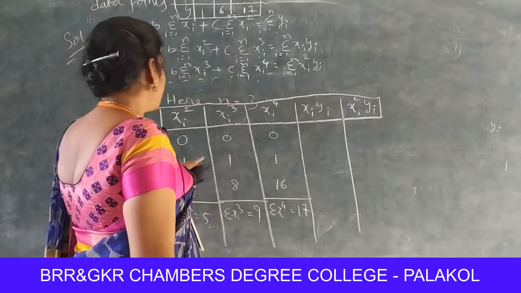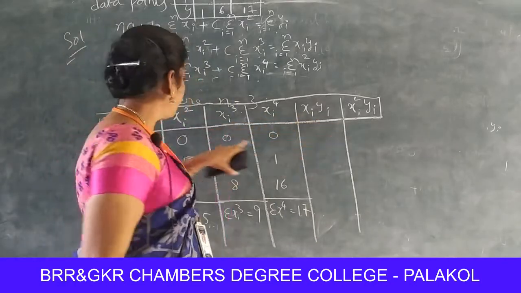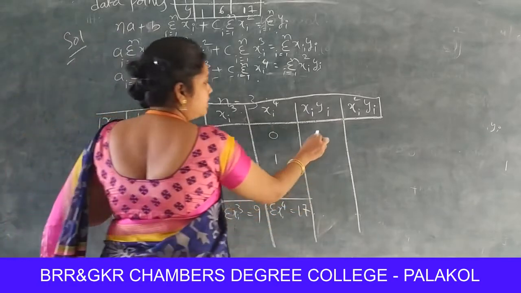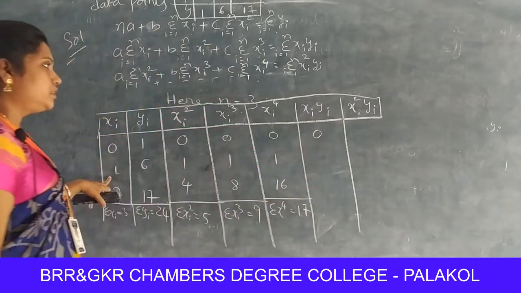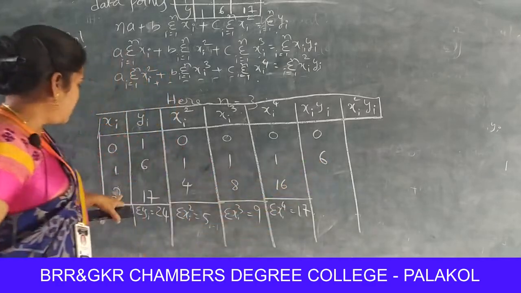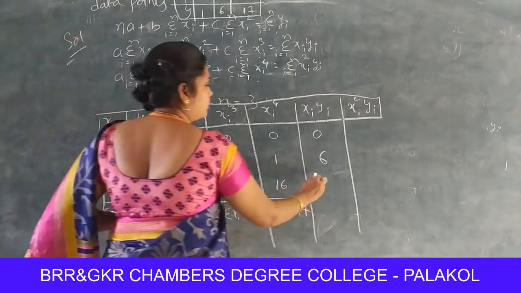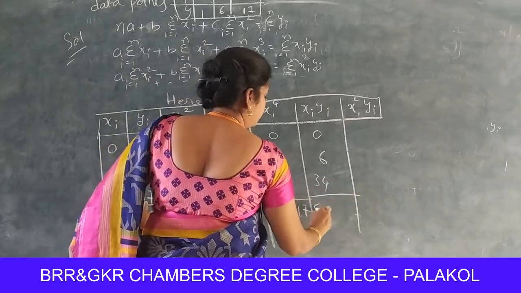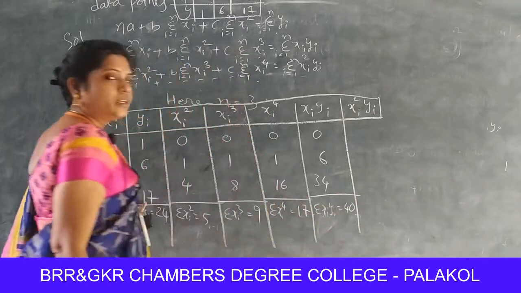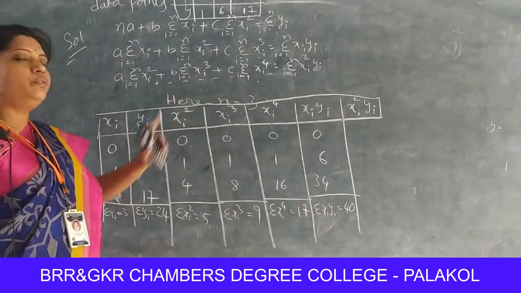Next value, the product of xi and yi. Here xi is 0, y is 1, so 0 into 1 is 0; next value 1 into 6 is 6; next value 2 into 17 is 34. Total is 40, so sigma xi yi is 40. Then xi square into yi.